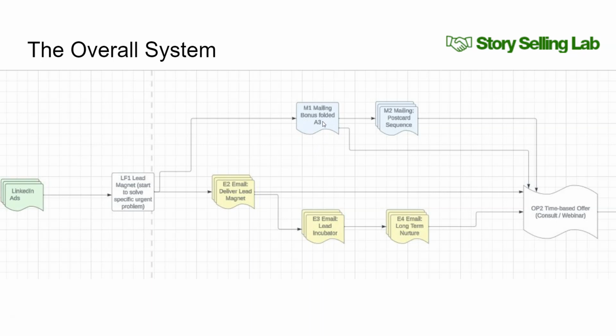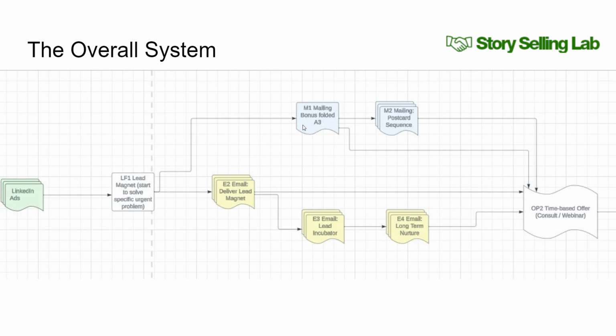So the model that I follow is whatever your lead magnet is. So let's say your lead magnet is a checklist. Then what you can do is also offer to mail them a printed copy of the checklist with some extra steps included, with some extra detail, and send it as a folded A3 document.